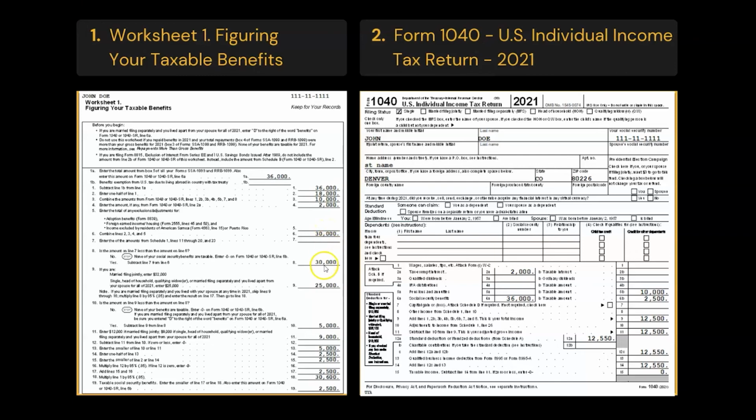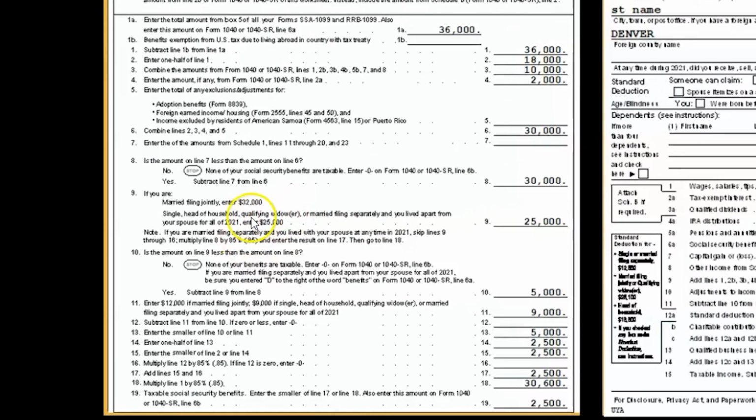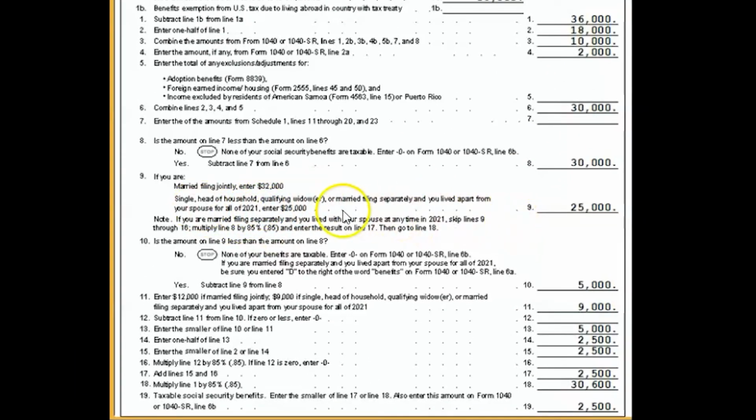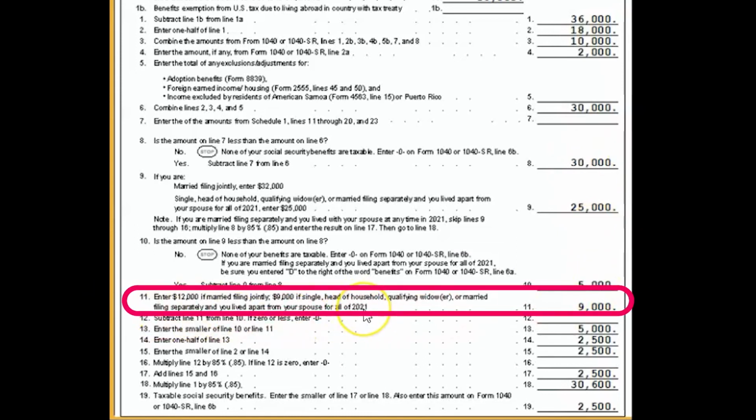When you have the 30,000, we next go to the base amount. The base amount we have here is 25,000. So the system is just trying to tell us that the difference between the base amount and the provisional income is 5,000. That's all good. Now, line 11 basically wants you to figure out the difference between your base amount and your adjusted base amount.